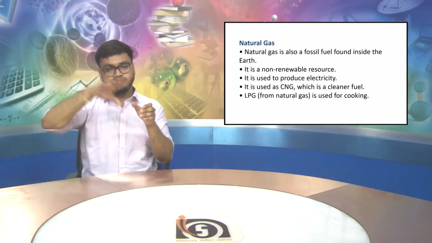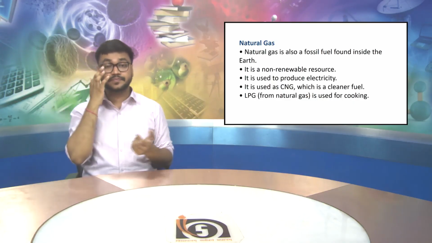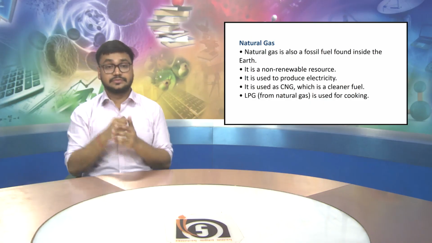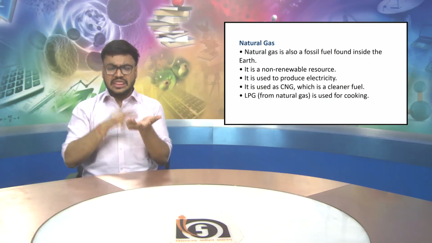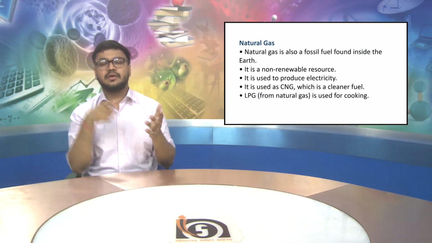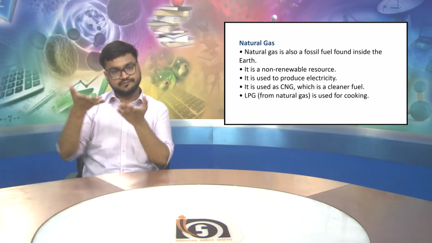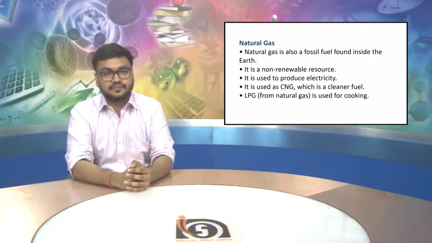Mainly it is used to produce electricity, and it is also used as CNG, which is a cleaner fuel, and LPG is used for cooking. LPG we get from natural gas.